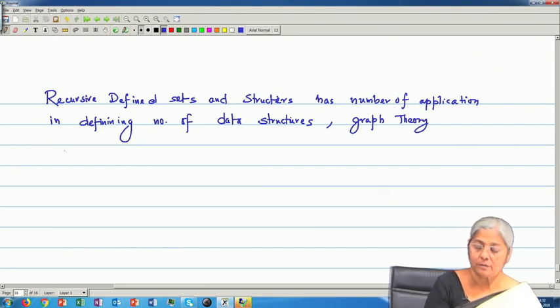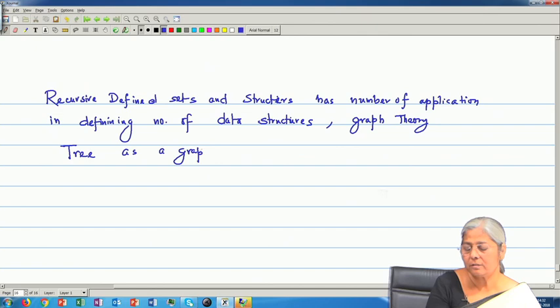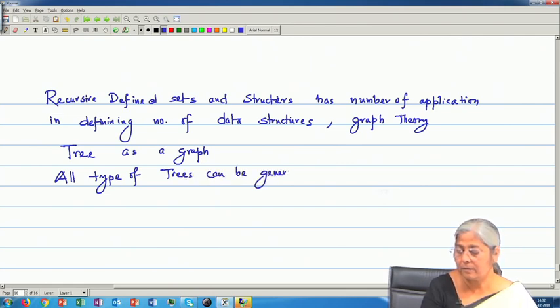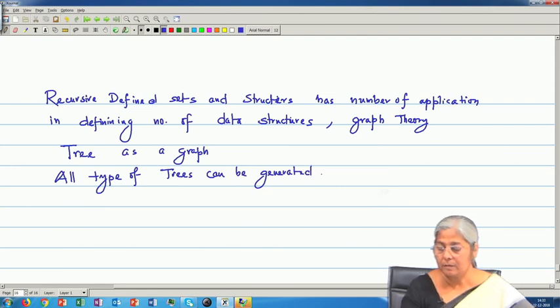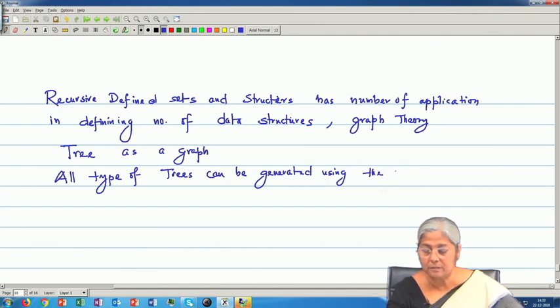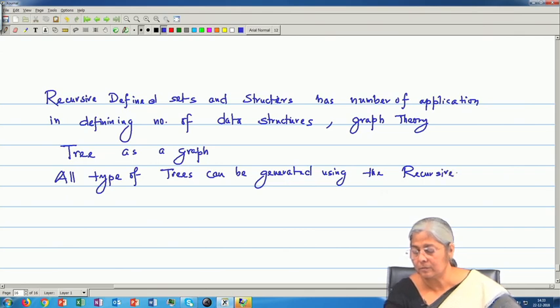Say, if we can define a tree as a graph, then all different types of trees can be generated using this recursive definition of structures.